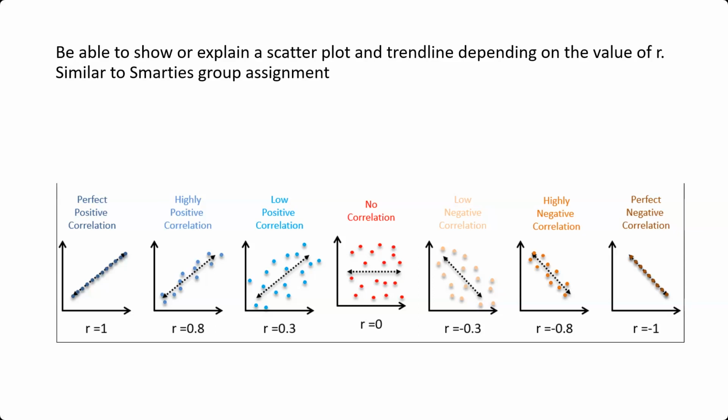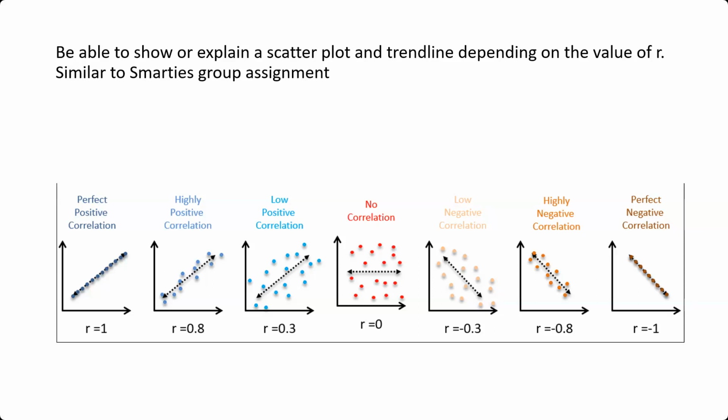When R is negative, the line goes down, and the closer it gets to -1, the closer the points are to the line. If you have -1, then all of the points are on the line. Any questions on that? So if I asked you, explain the scatter plot and the trend line when R equals 1.